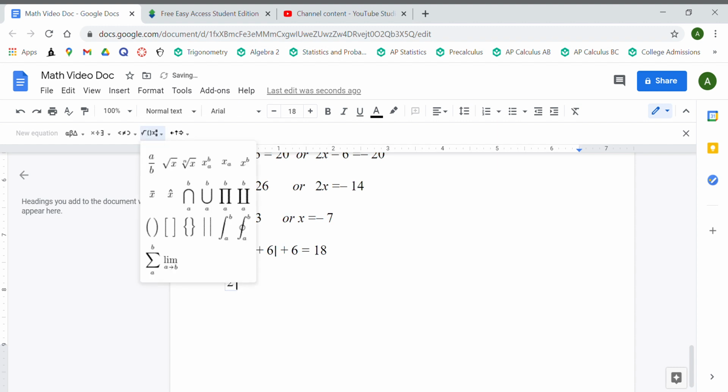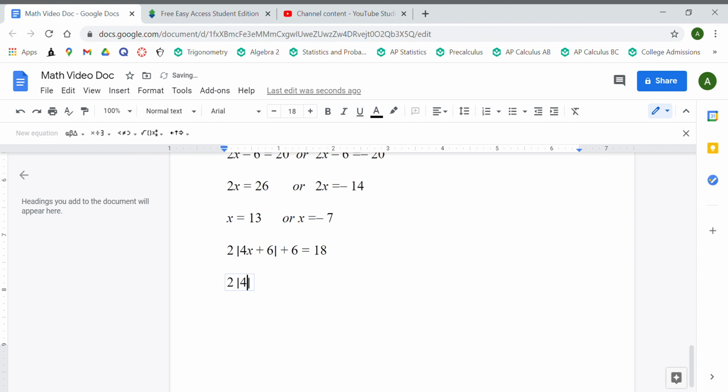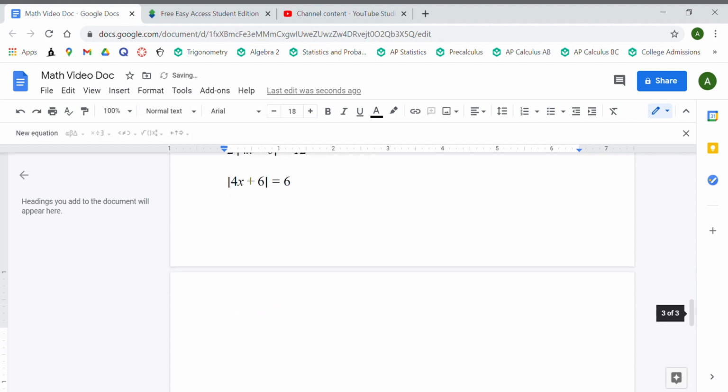Alright, so we subtract 4x on both sides. Divide each side by 2. Alright, ready to split this up? So on this side you should have 4x plus 6 equals 6.